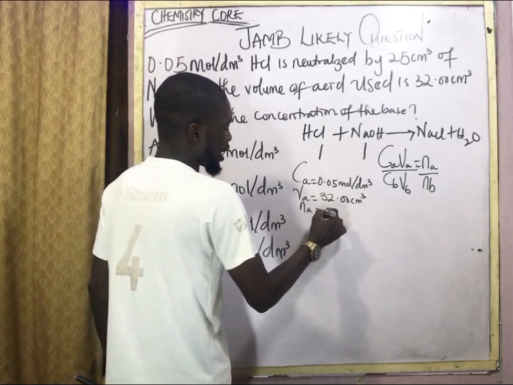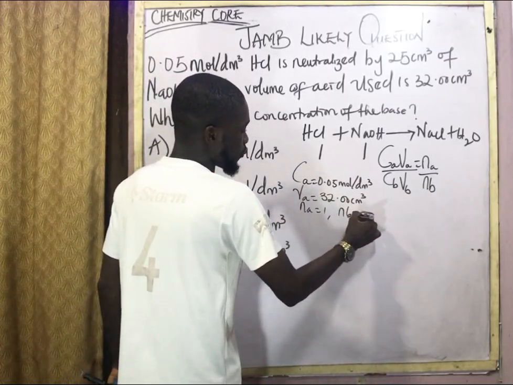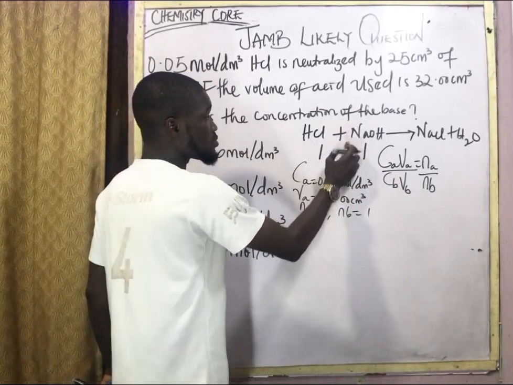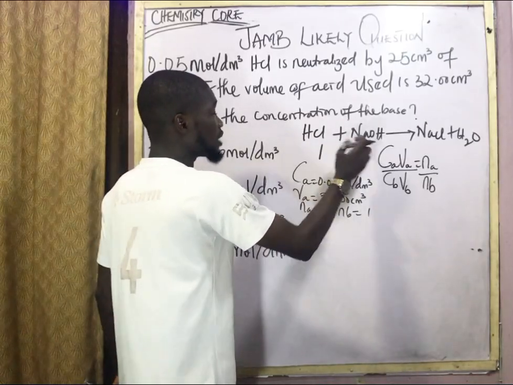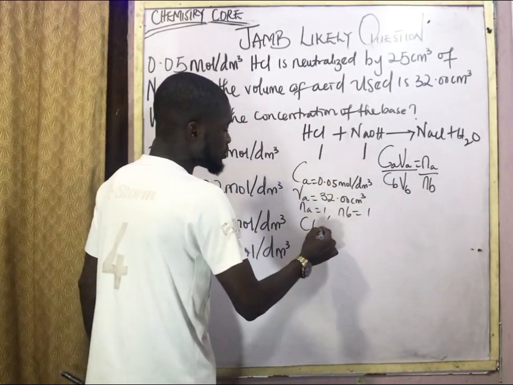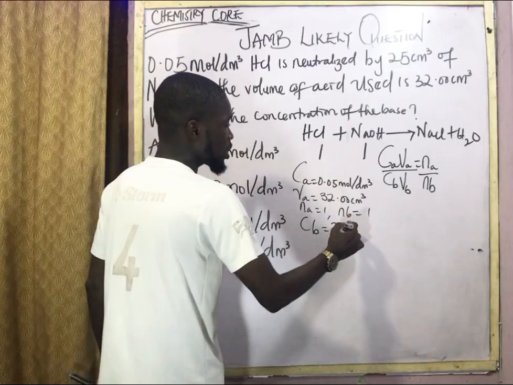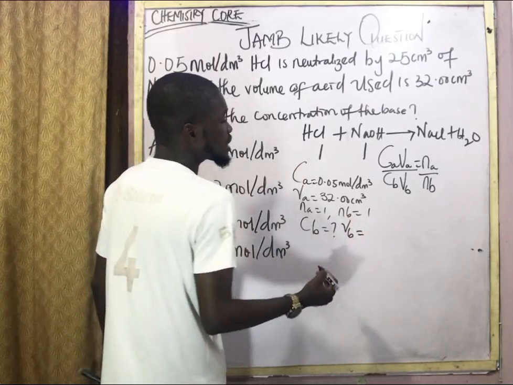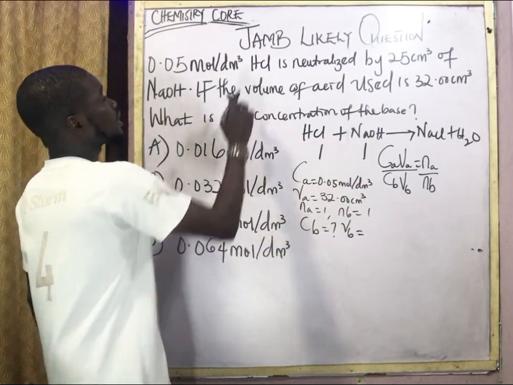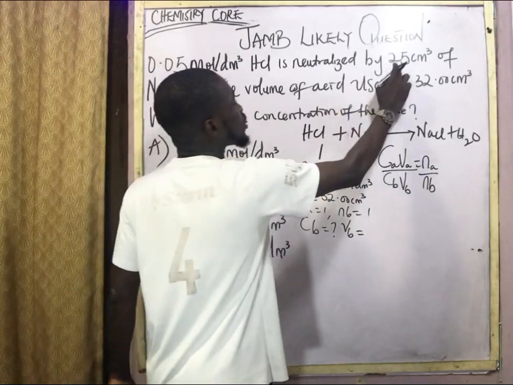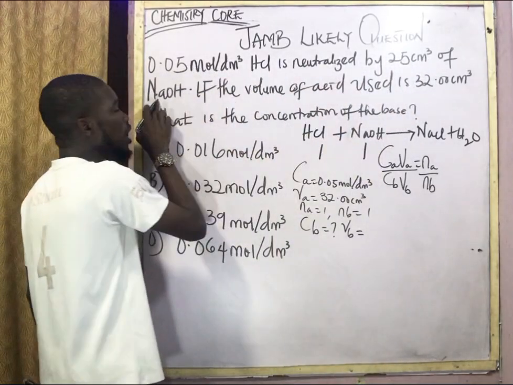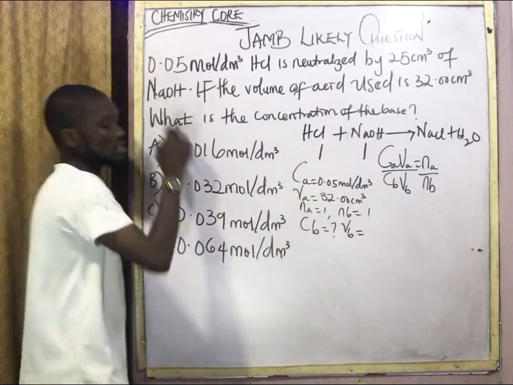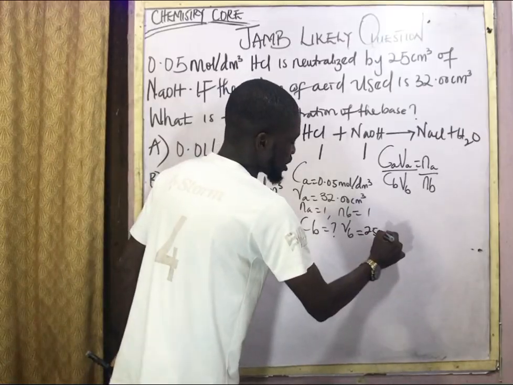Our Na, we have 1. Nb, we have 1. This is the mole ratio; it tells you the number of moles of the acid and the base. Our Cb is what we are asked to look for. Our Vb, what is the value for the Vb? HCl is neutralized by 25 cm³ of the base, which is sodium hydroxide. So we have 25 cm³.